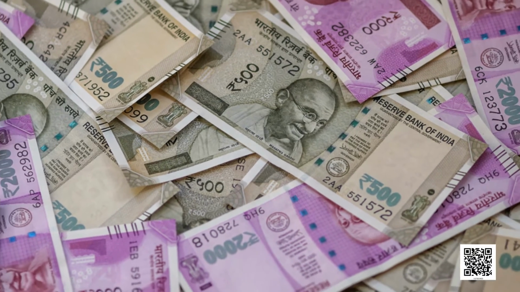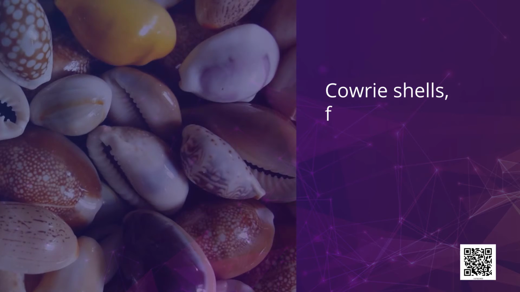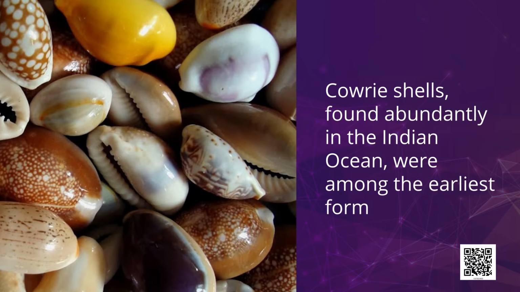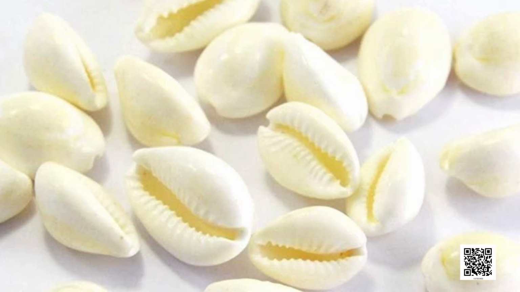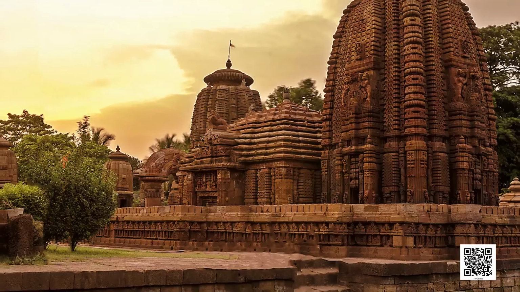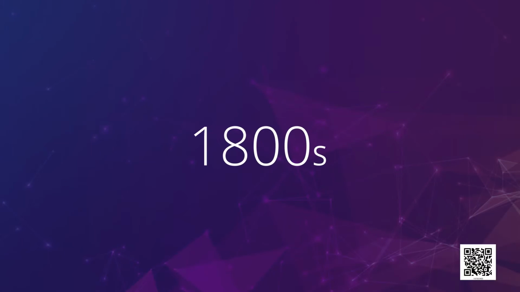Money and its journey in India goes way back. Cowrie shells, found abundantly in the Indian Ocean, were among the earliest forms of currency used in the world. In India, they were colloquially referred to as cowrie and were used in certain areas like Odisha even until the early 1800s.